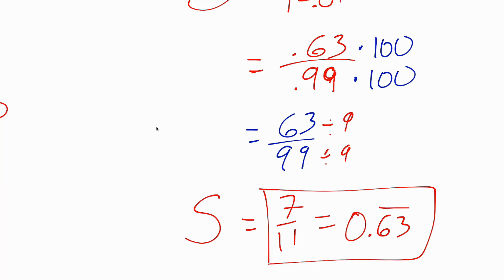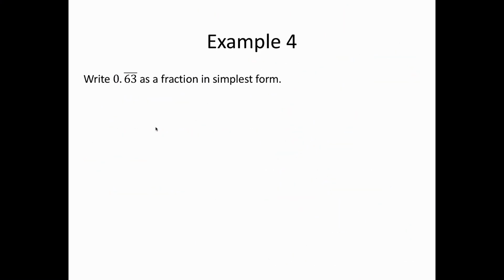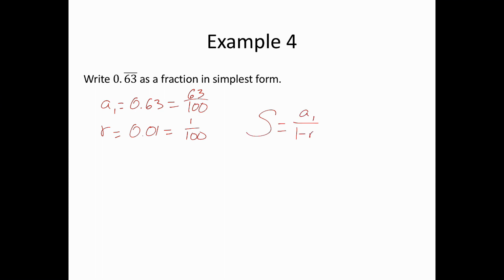I want to do this in a slightly different way, just an alternate method. You can do the decimal version, fine by me. For the fraction version, I'm going to take what we had. We had A sub 1 is 0.63. I'm going to convert that to 63 over 100. The R value that we had, again, was 0.01, which was 1 over 100. If we use the fraction version, S, the infinite sum, equals first term over 1 minus the ratio.